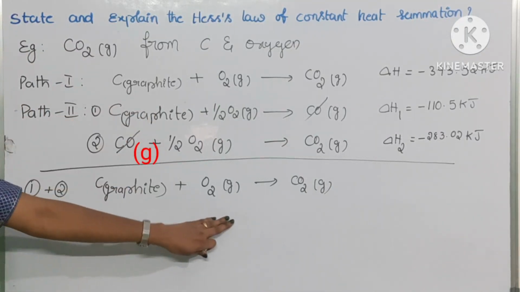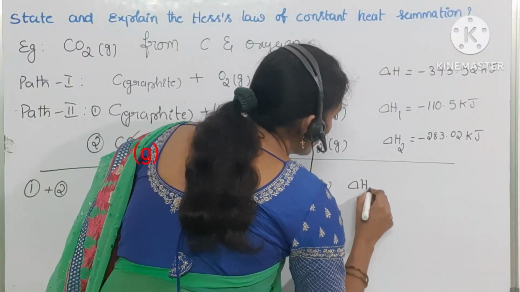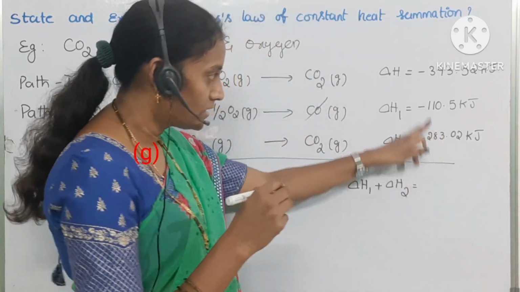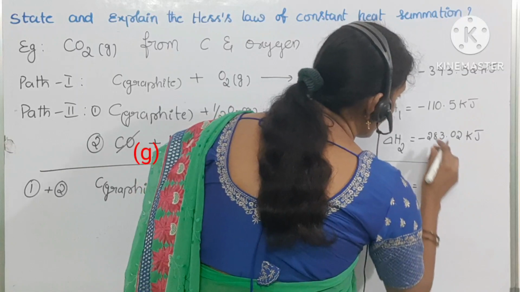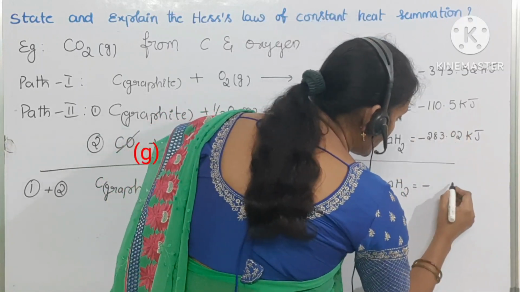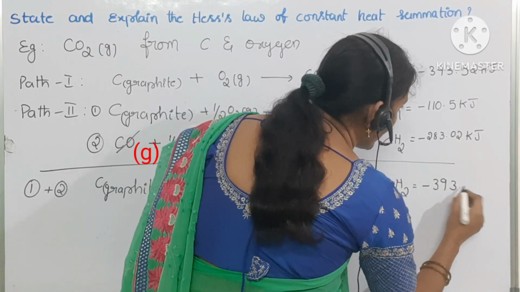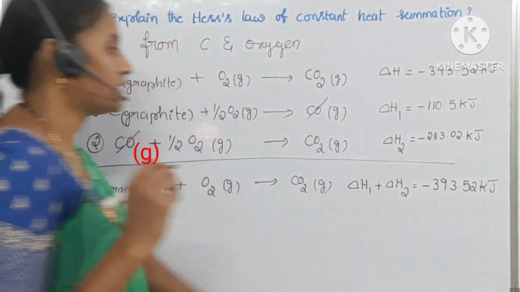Then delta H1 plus delta H2, you can add these two values, only two values.